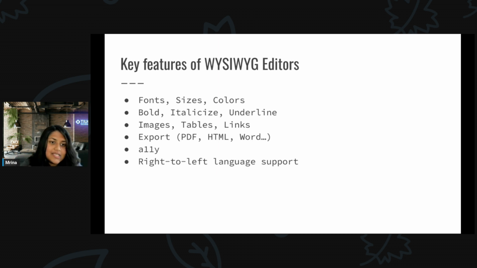We can add links, and then if it's a little more advanced, we can export to PDF, import from Word sometimes, export to HTML. It has some accessibility checkers, and then in some global text editors, it's also right to left language support. So these are some of the basic features.